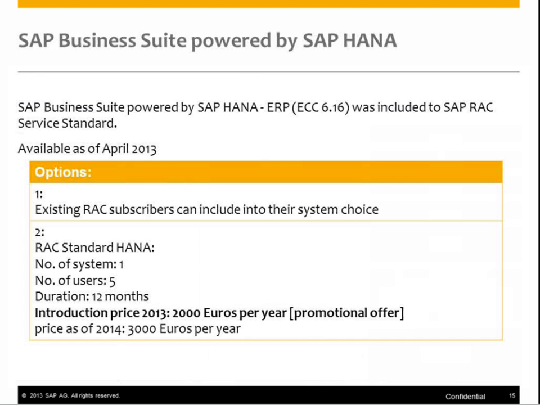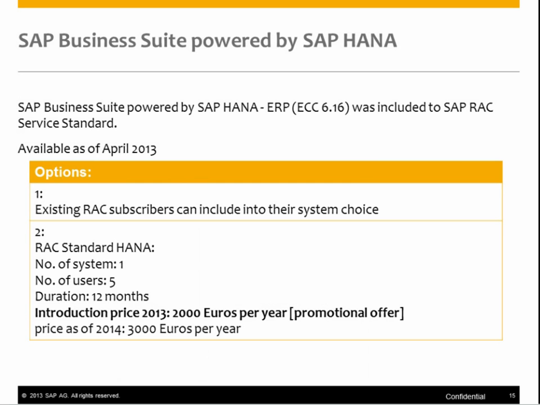So, the latest offering we have is SAP Business Suite powered by SAP HANA. For that, we have an ERP system with Enterprise Core Component 6.16. That means that it is version 6 of the ERP with enhancement pack 6.